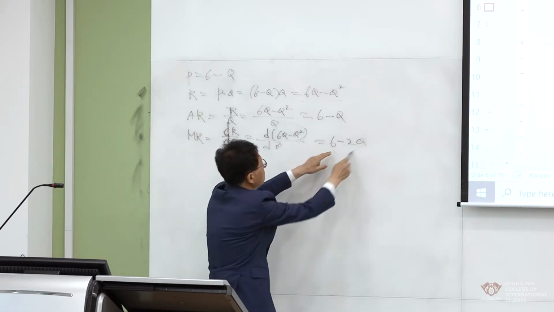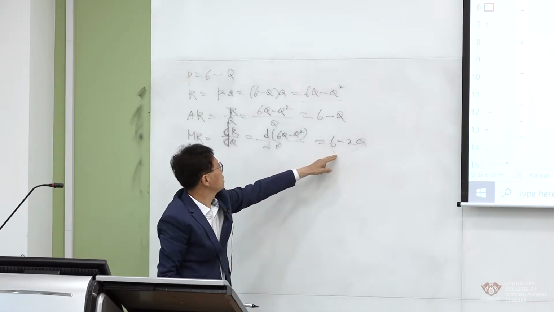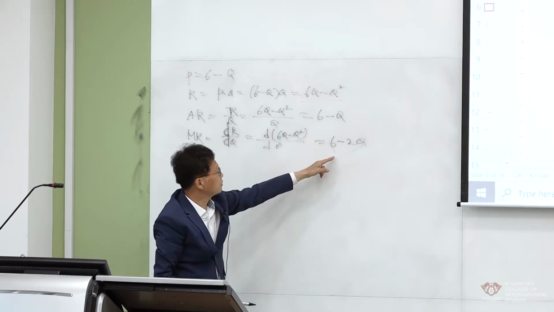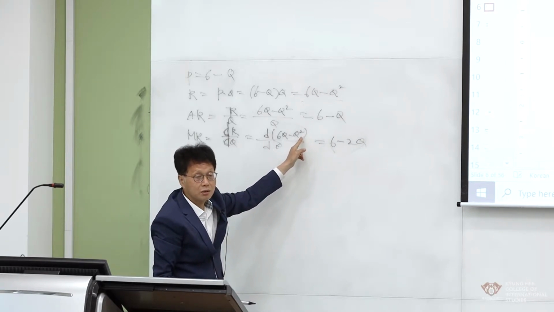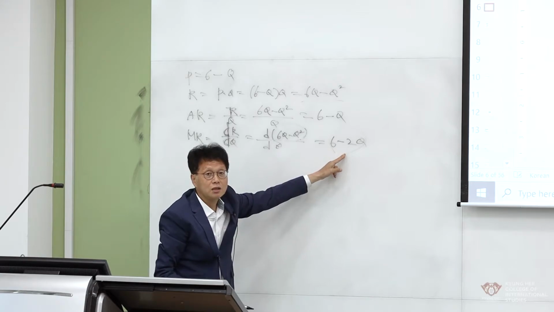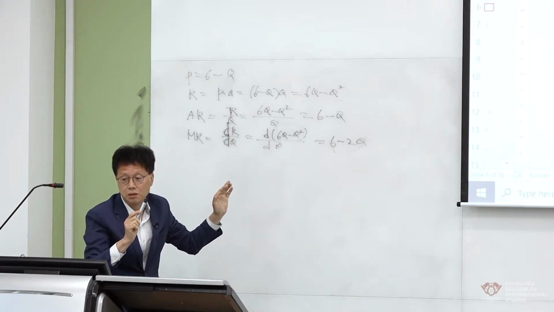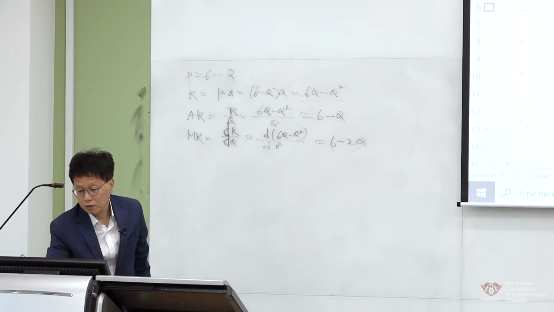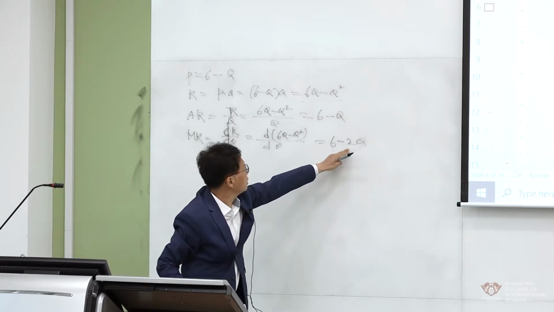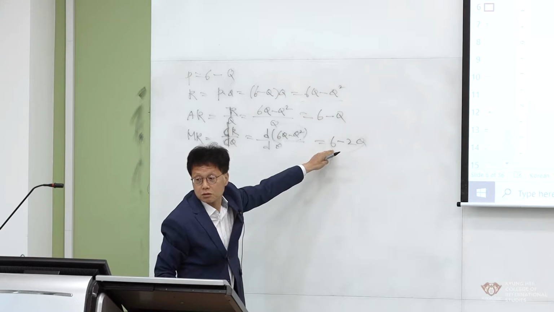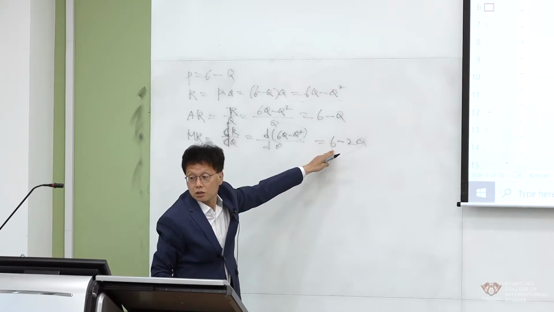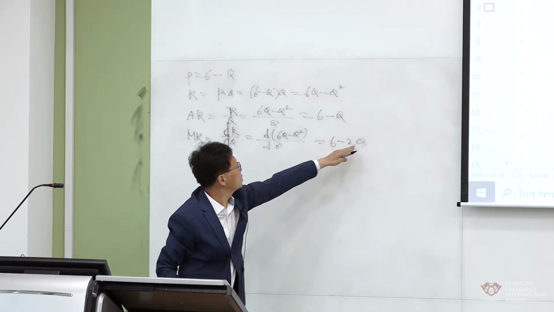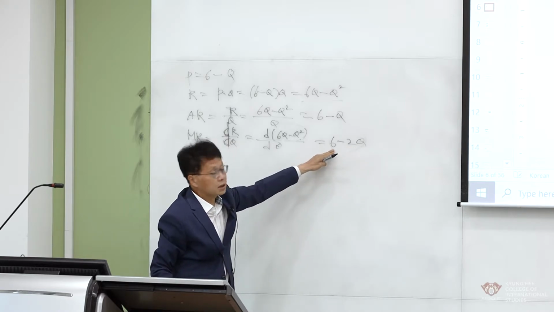That is the marginal revenue curve. Graphically, when Q equals 3, marginal revenue is equal to 0, and when Q equals 0, marginal revenue is 6.